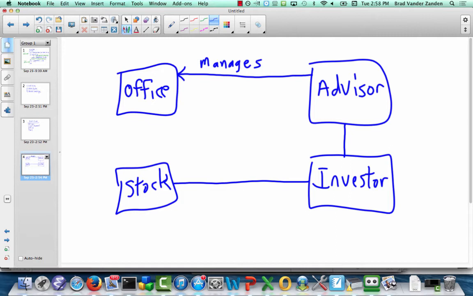So an advisor can manage 0 or 1. You put it next to how many it can manage. An advisor can manage either 0 offices or 1 office. An office may be managed by a minimum of 1 and a maximum of 1 advisor.